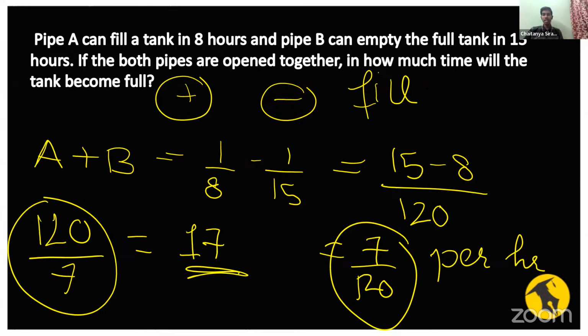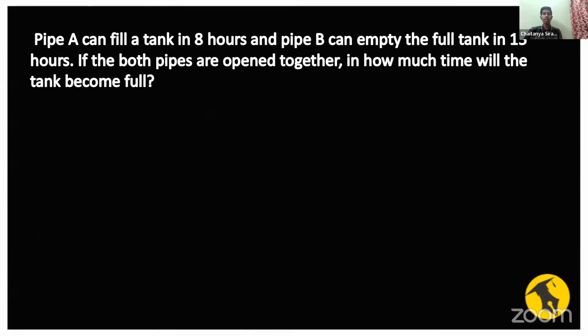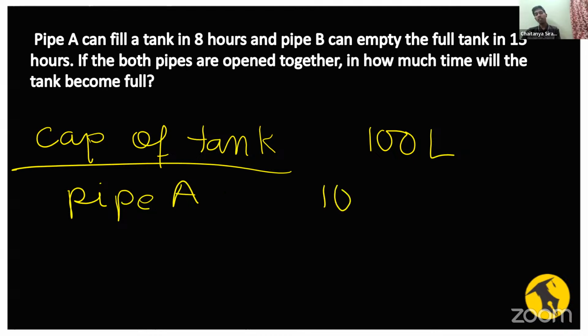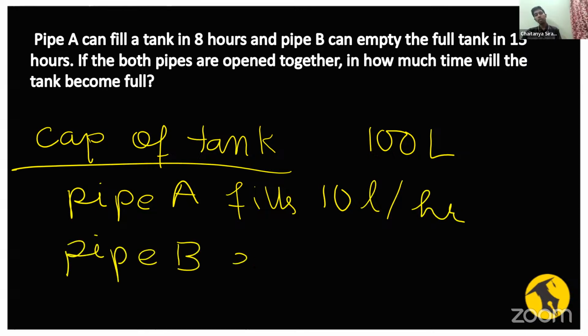Additionally, we can have something where the question is defined with the capacity of the tank. So let's say the capacity of the tank is 100 liters. Pipe A fills 10 liters per hour, and pipe B empties, let's say, 4 liters per hour.